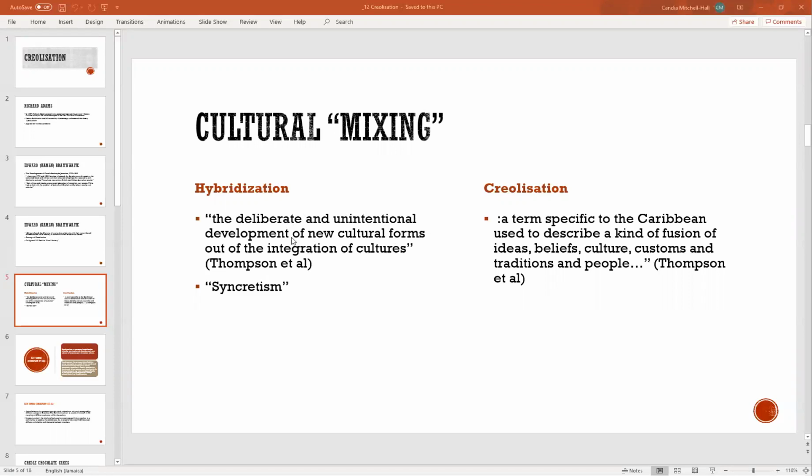They would consider that as hybridization, although all of them are saying the same thing. The only thing is that you use creolization only in reference to the Caribbean. You can use creolization, hybridization, or syncretism for the Caribbean. I've seen scholars now applying the concept of creolization to North American societies.